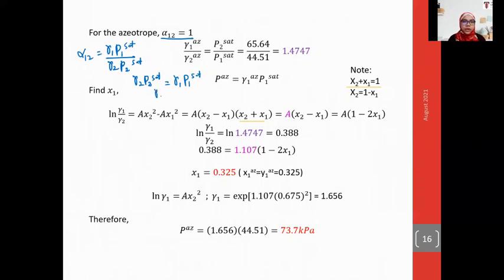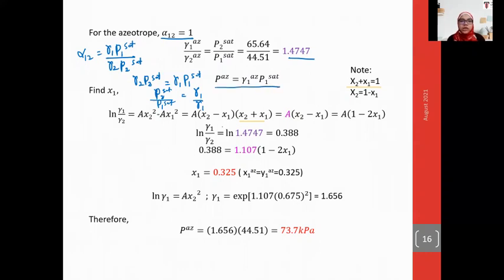Once we rearrange, P_1 saturation over P_2 saturation equals gamma_2 over gamma_1. That gives us another expression, and then we can calculate from this correlation. P azeotrope equals gamma_1 azeotrope times P_1 saturation.